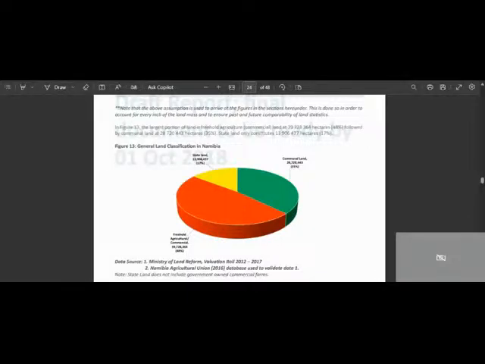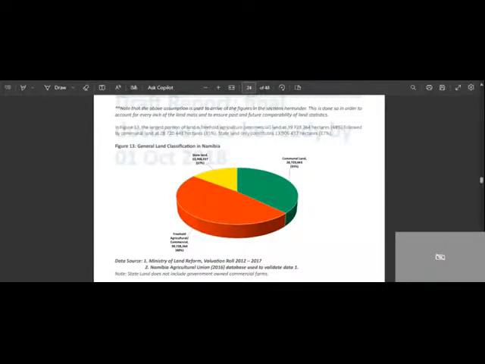Then the communal land is 28.7 million hectares. This is the land where the people are located. The whole population of the country is living on this communal land.